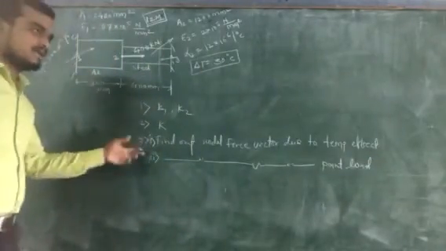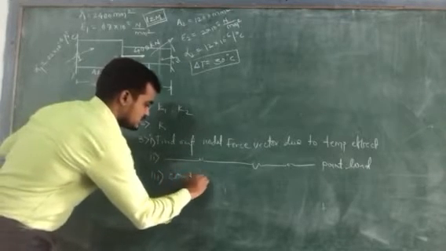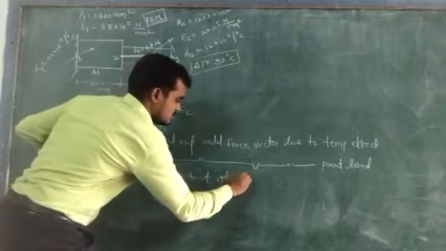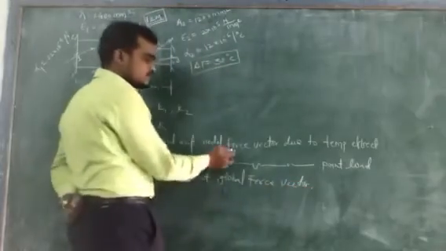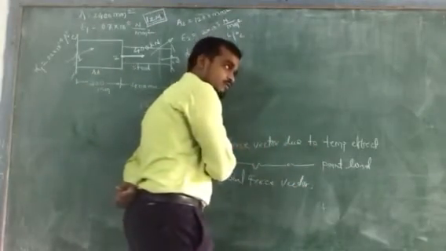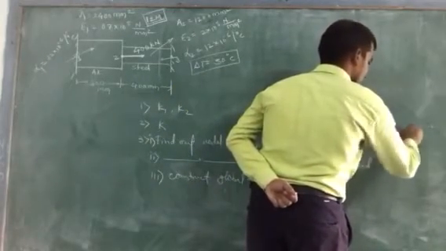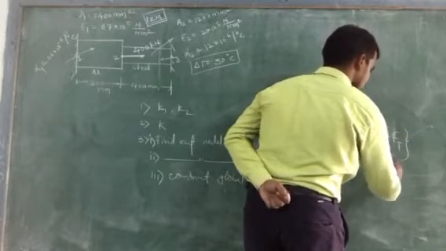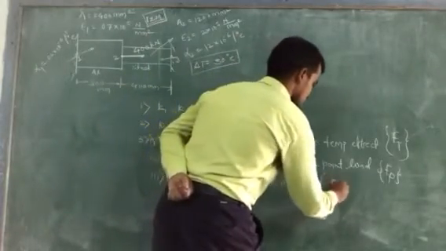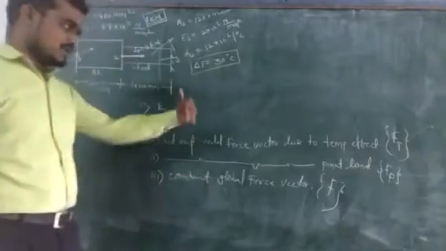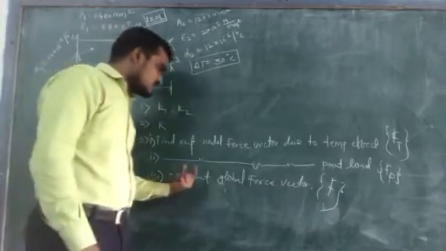These are the 2 steps. The nodal force vector due to temperature effect is Ft, and due to the point load it is F. Finally, construct the global force vector by adding Ft and F. In this way you will construct the global force vector.